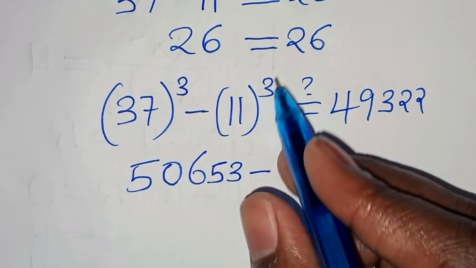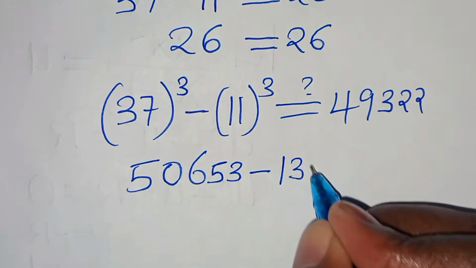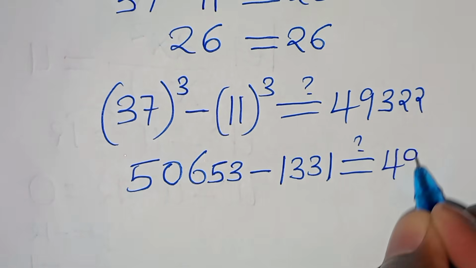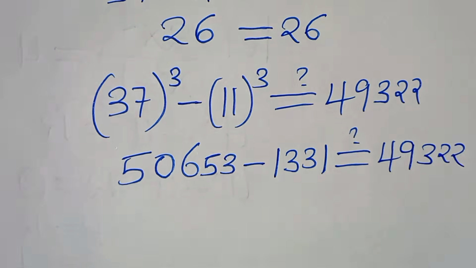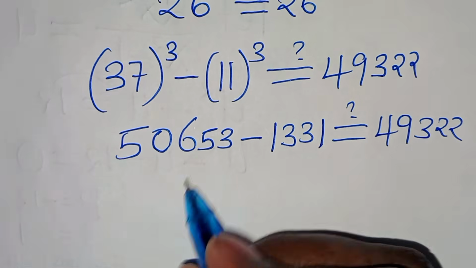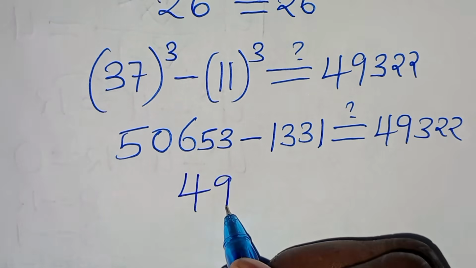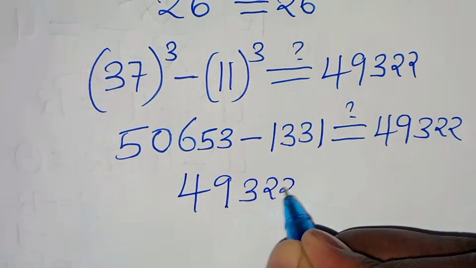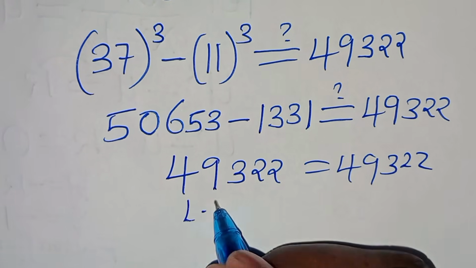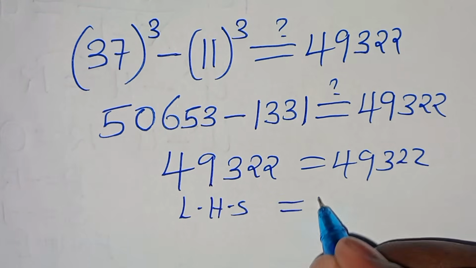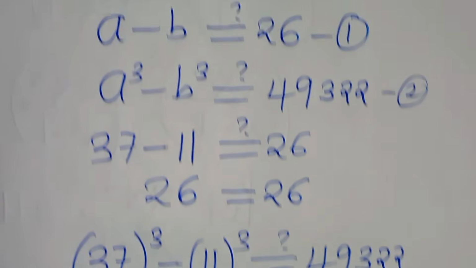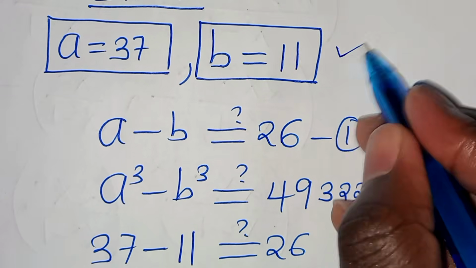Subtract 11 to the power of 3, which is 1331. 50,653 minus 1331 is equal to 49,322. So the left-hand side is equal to the right-hand side. And this proves that a and b satisfy the equations.